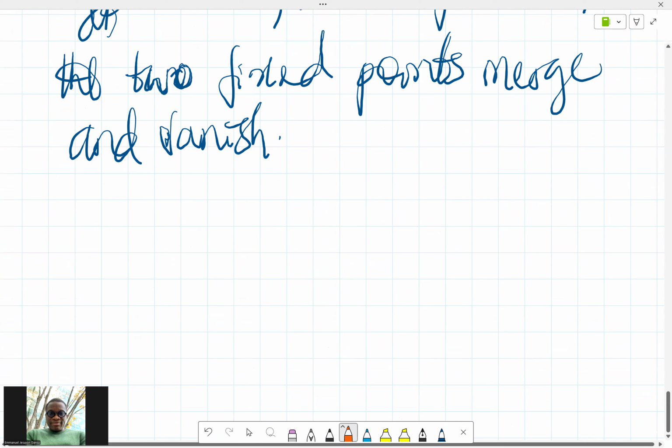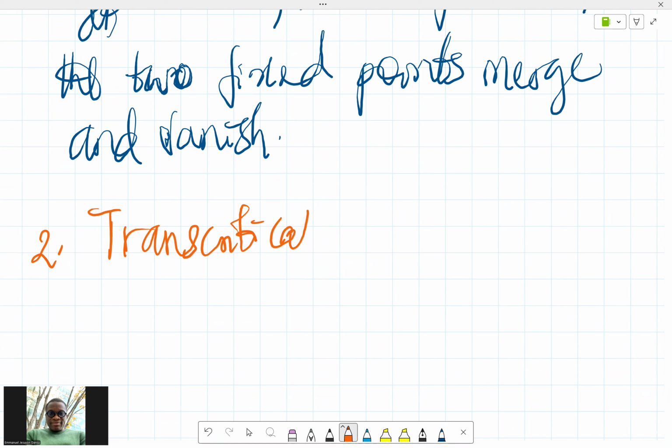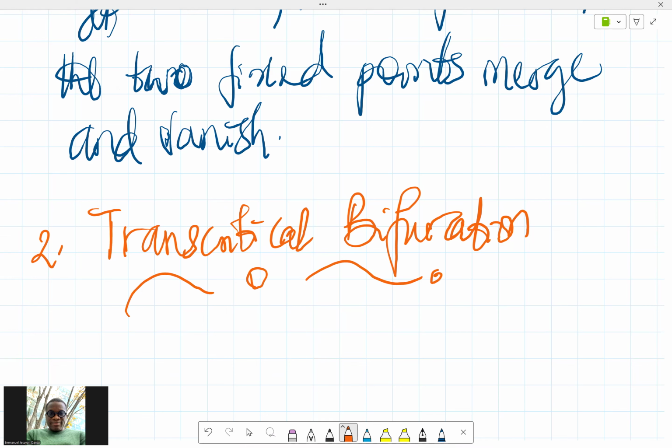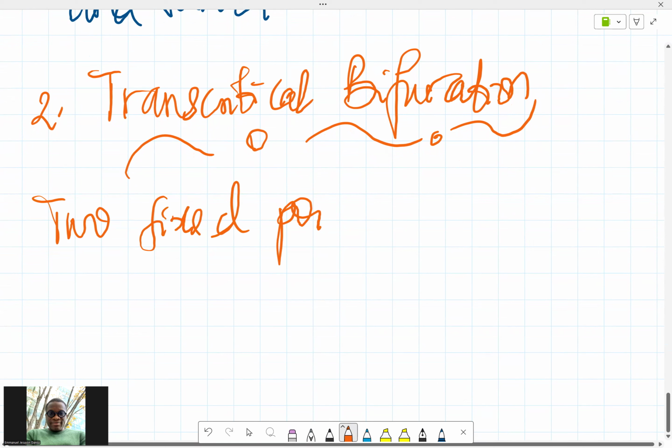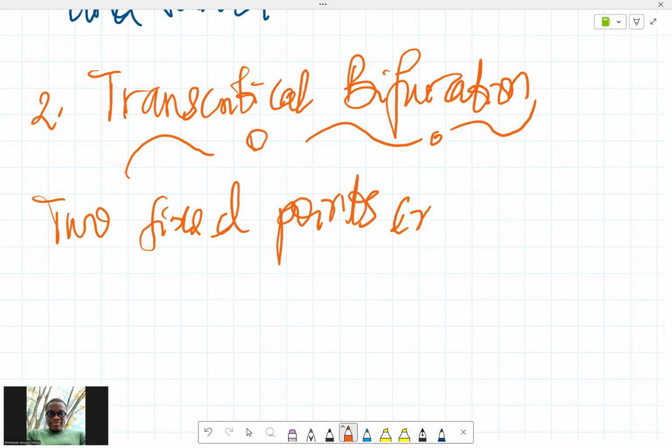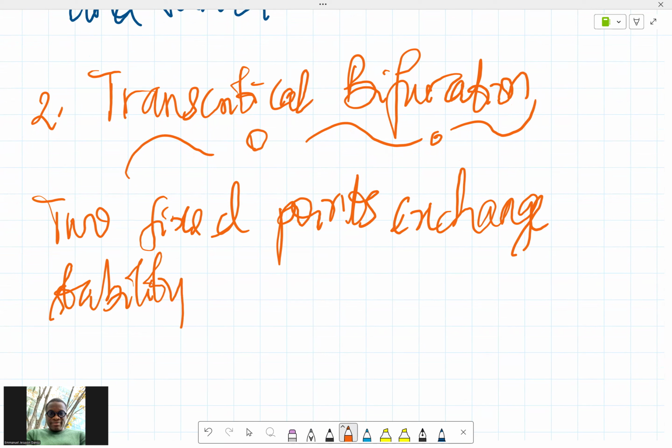Number 2 is what is called a transcritical bifurcation. In a transcritical bifurcation, two fixed points exchange stability as a parameter changes.